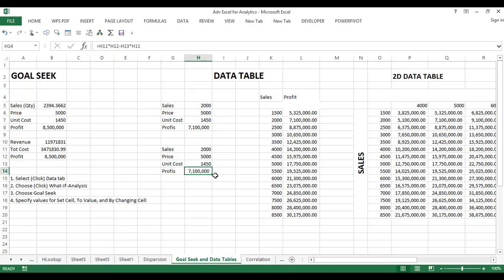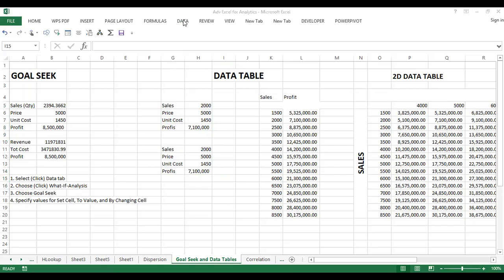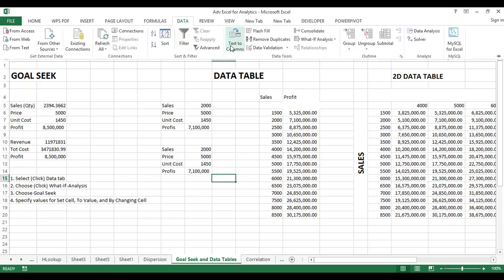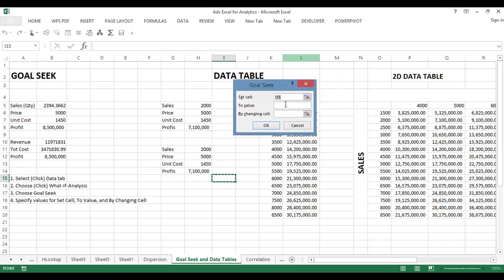Okay, so let's go to goal seek. To use goal seek, you click on the data tab, you go to what if analysis, click on goal seek. So you see it's asking you, set cell what?